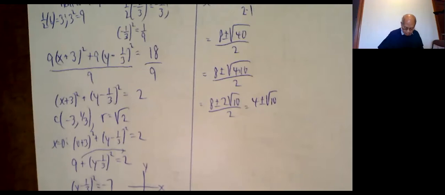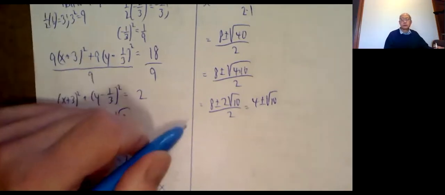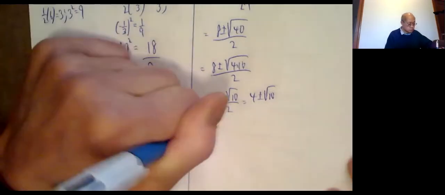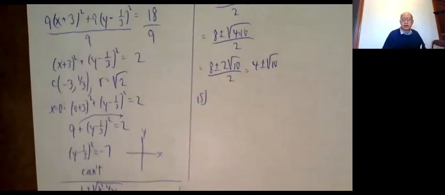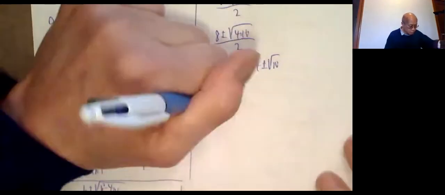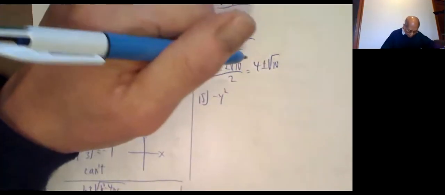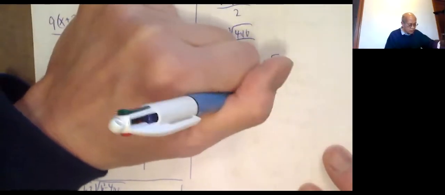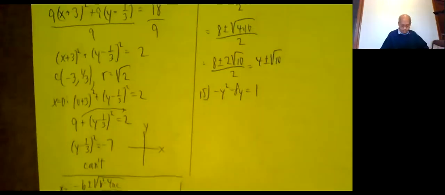Okay, so that's that one. I wasn't going to do this one, but I'll just show you the setup. Negative y squared minus 8y equals 1.